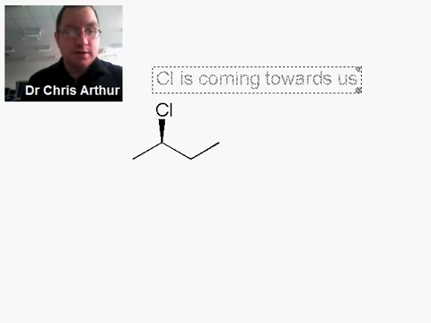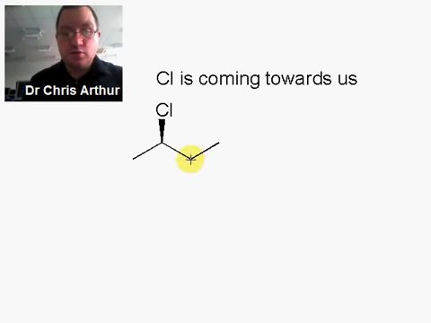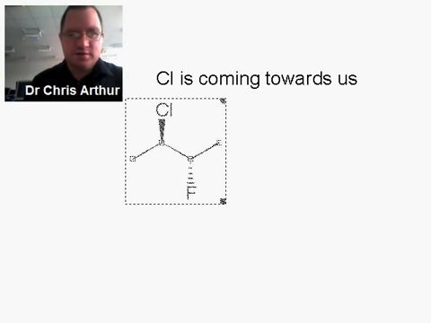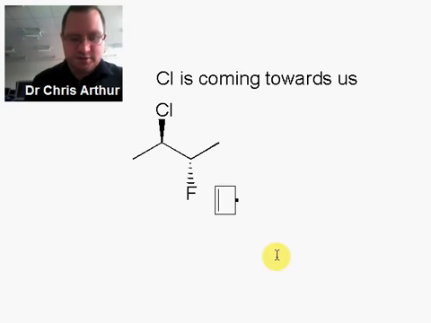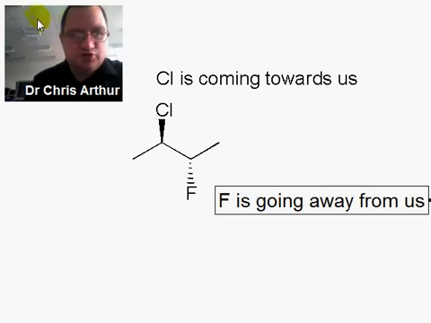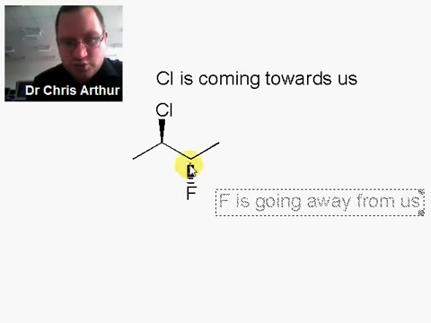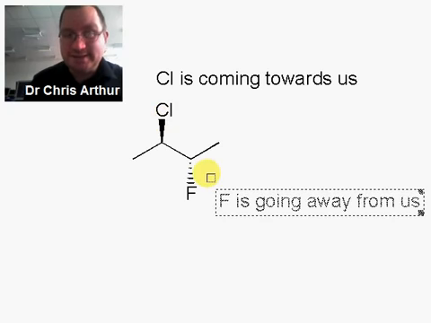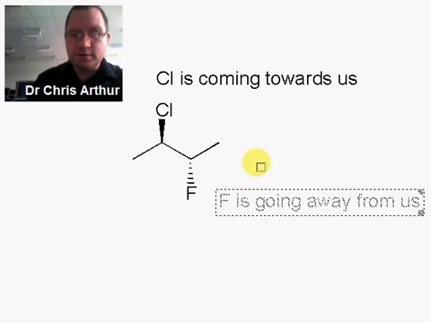If something's going away from us, let's say for instance we now have a fluorine, this fluorine is going away from us, and we've drawn that using this dashed wedge. So we've had a solid wedge for coming towards us, and we've got this dashed wedge for going away from us.